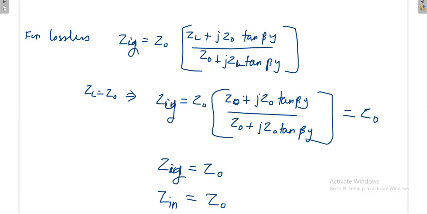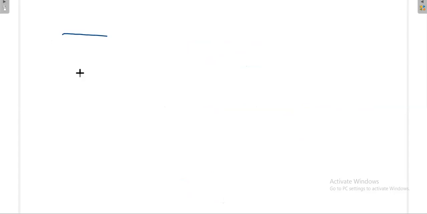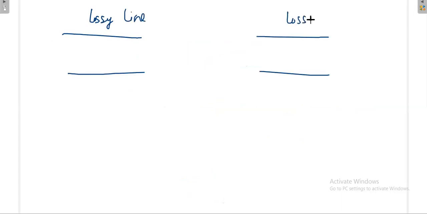So what is the meaning of this? See, say you have a lossy line in the first case, and in the next case you have a lossless line. We are terminating the load, taking ZL equal to Z naught.